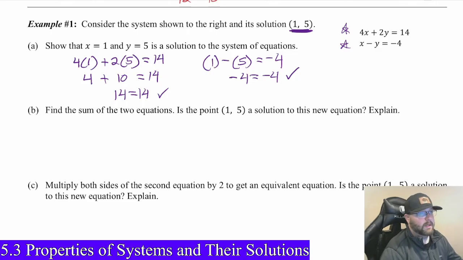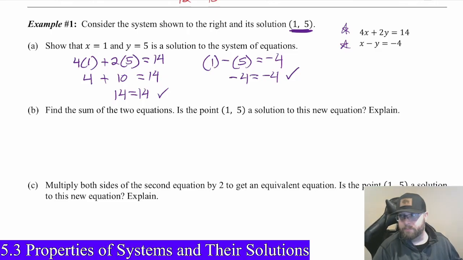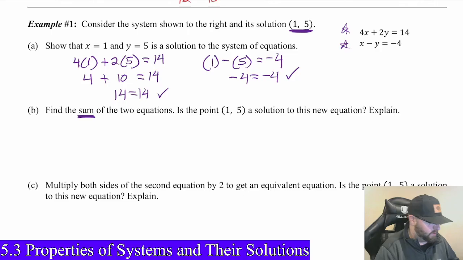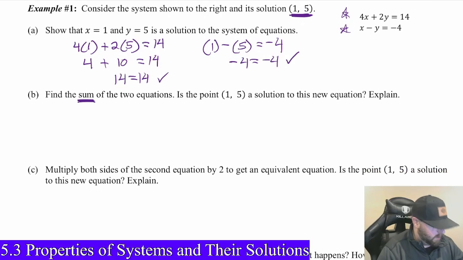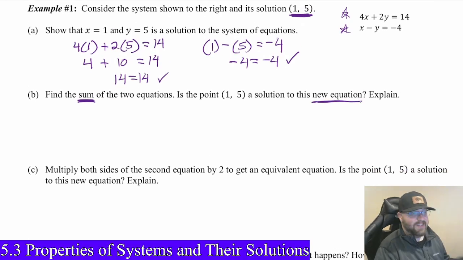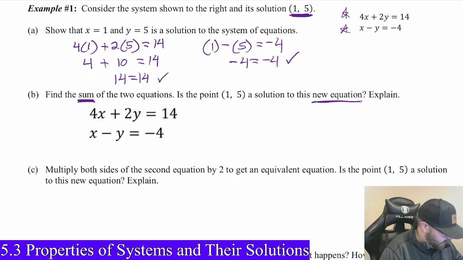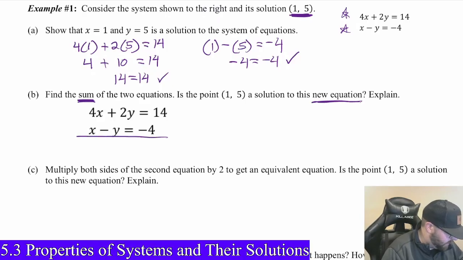Now, if it's a solution of both of them, we should be able to find the sum of the two equations, get a new equation, and see whether it's still a solution. So we're going to take 4x plus 2y equals 14, bring it down here, and add the two equations together, because sum means to add.